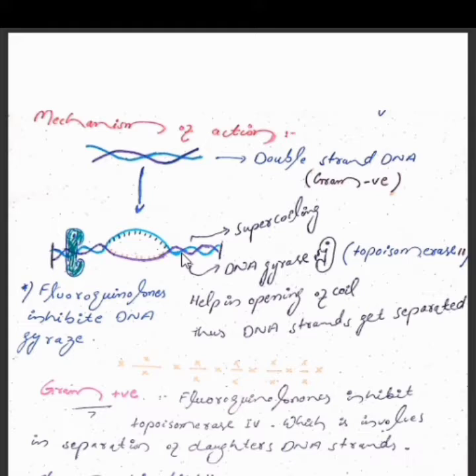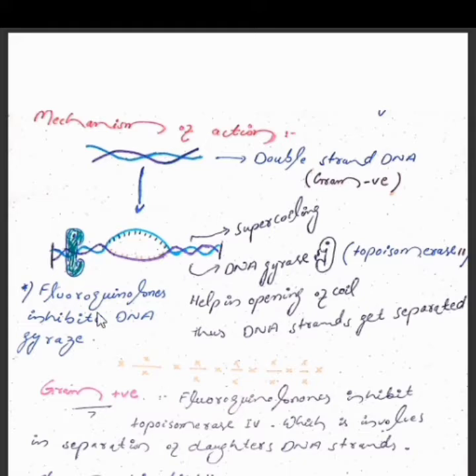For removing the supercoiling, we have the DNA gyrase enzyme, which helps in the uncoiling of the DNA double strand. The DNA gyrase enzyme is also known as topoisomerase 2, which is found in gram-negative bacteria, and this enzyme is responsible for untwisting the supercoiling of the DNA.